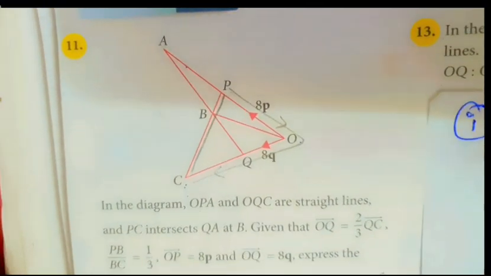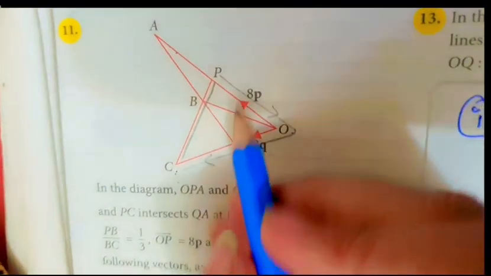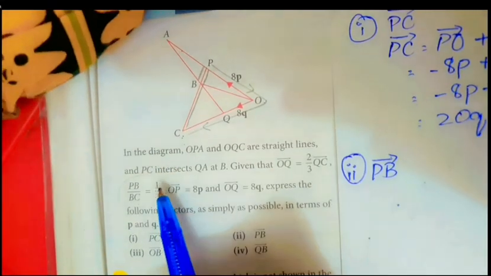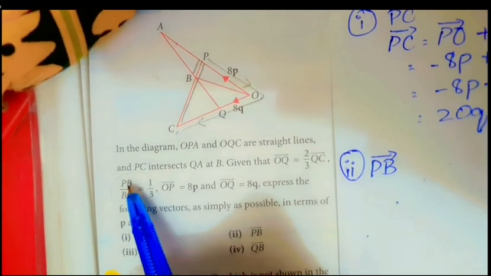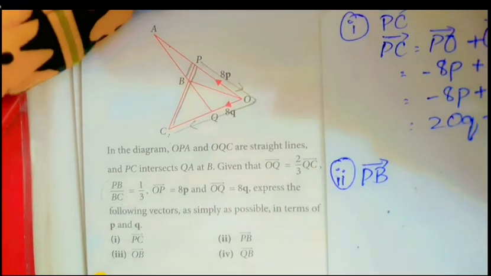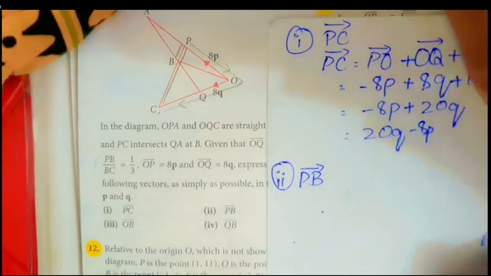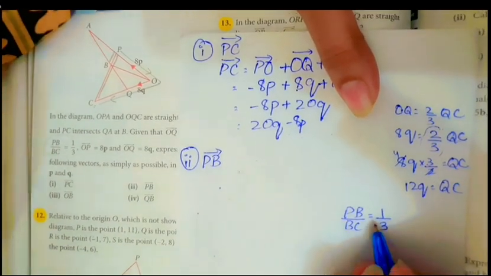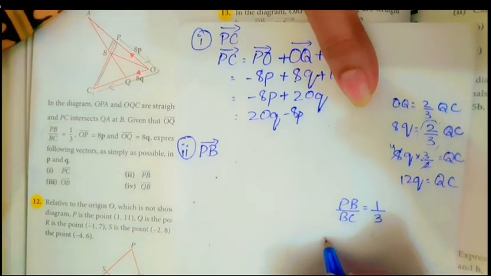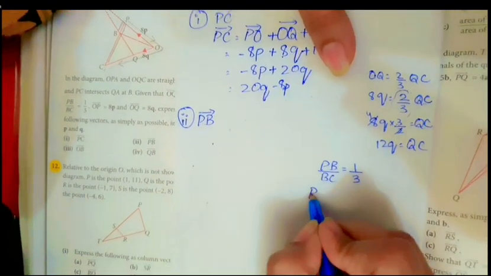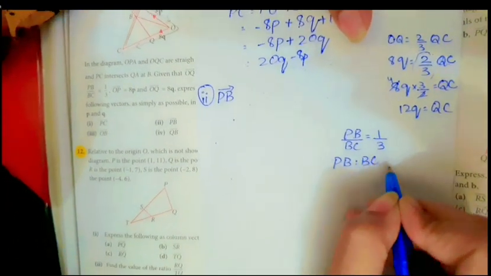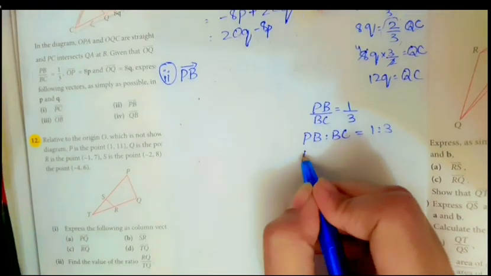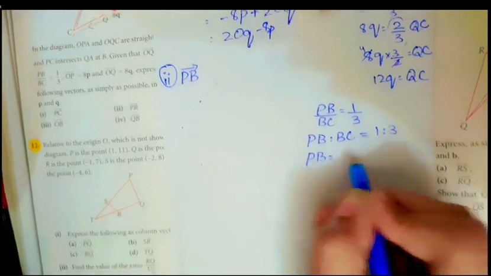Now second part is PB. Where is PB? See on the diagram. This is P and B. PB is the very short line. So now the value of PB is given over here. PB upon BC is equal to 1 upon 3. And you know that we can also write this in the form of ratios. So PB ratio BC is 1:3. So PB is equal to, what is the sum of ratio?